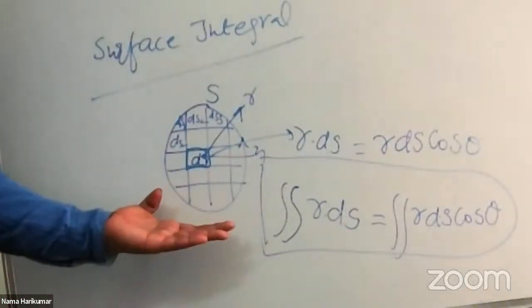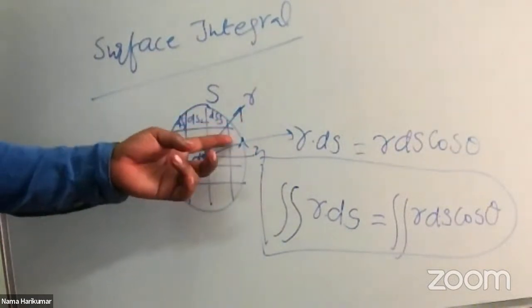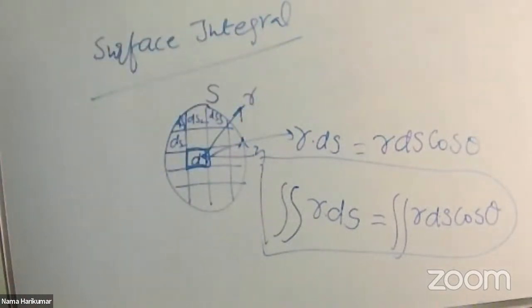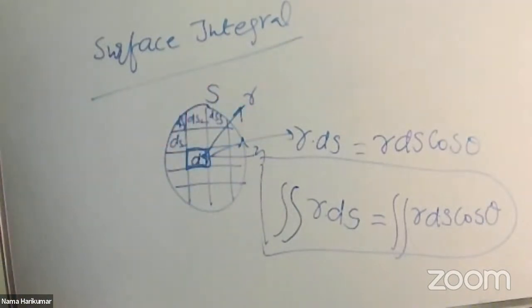n is the normal of the surface. So you can write n dot dS dot r, or dS dot r, no problem. In our textbook, n dS dot r is there.